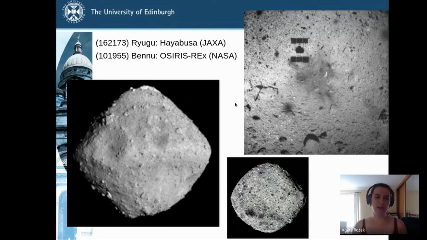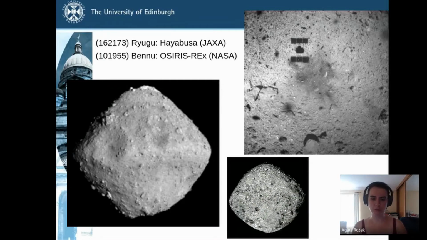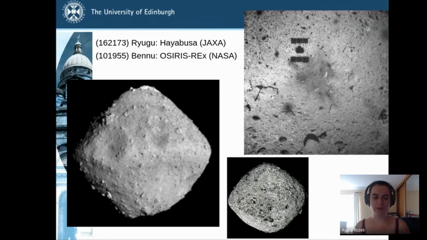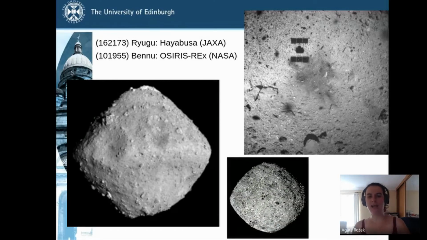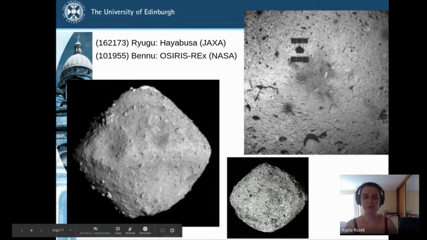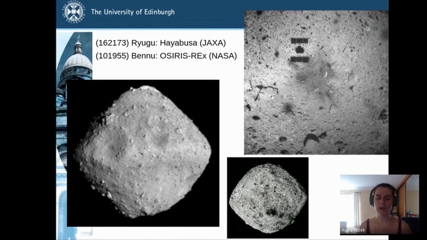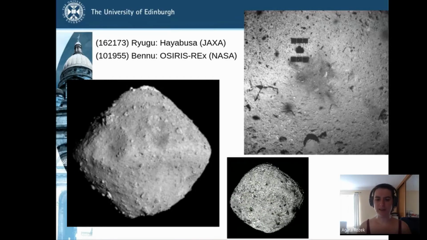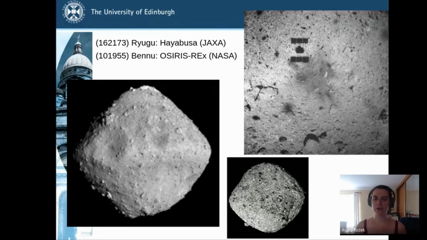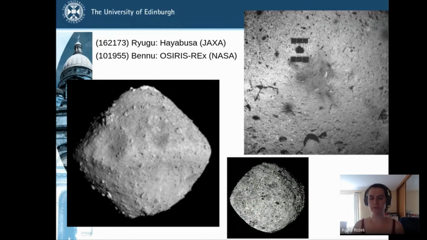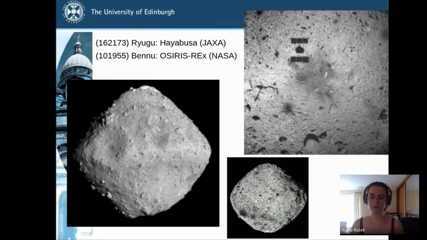They are asteroid Ryugu, which was visited by the Hayabusa 2 mission organized by the Japanese space agency JAXA, and asteroid Bennu, which was visited or is being visited by the OSIRIS-REx mission organized by NASA. Those two missions have very similar goals. They're both there to collect samples from surfaces of those asteroids and bring those samples back to Earth.